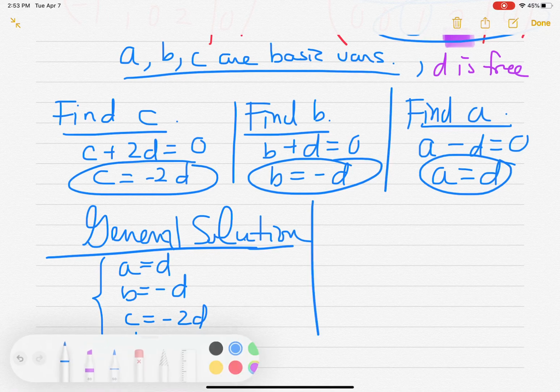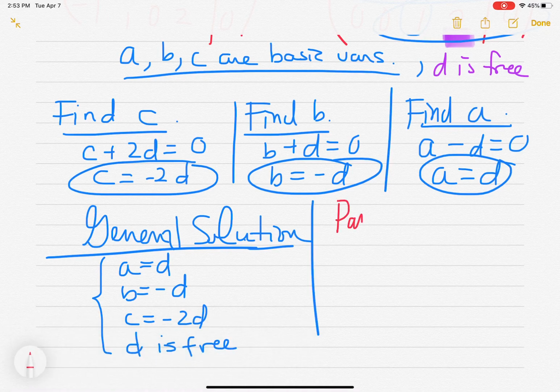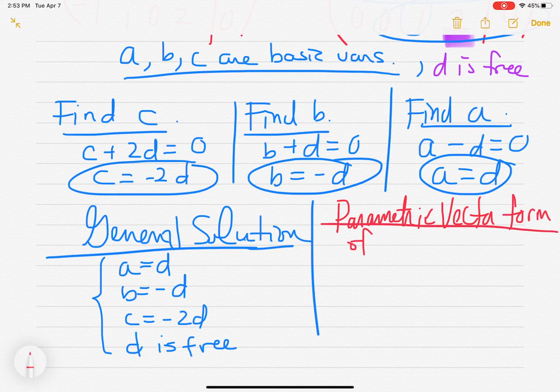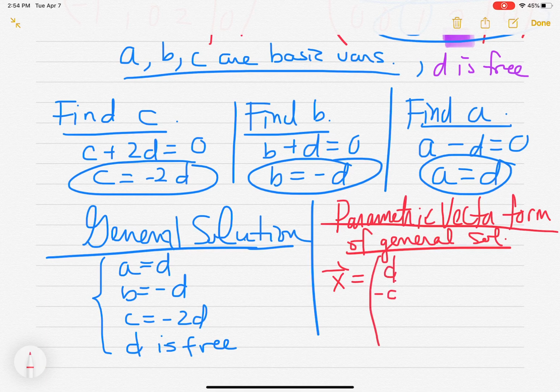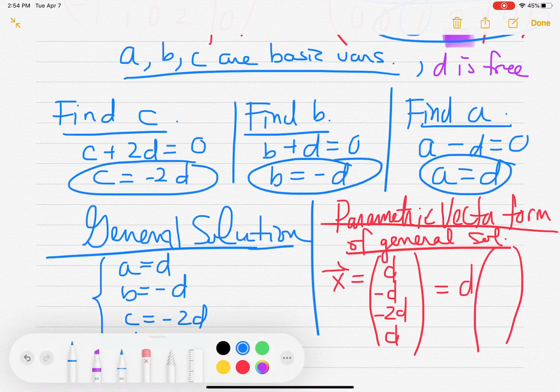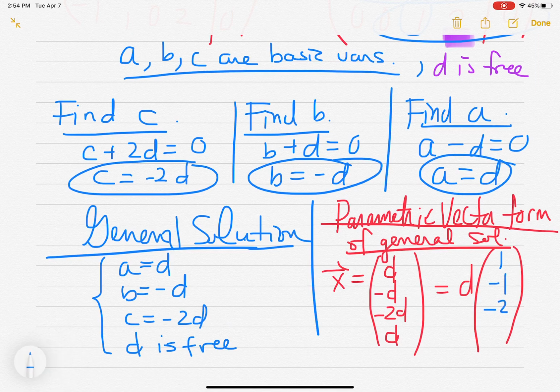Now I put this in parametric vector form, the parametric vector form of the general solution. Call it X. In the first place, I would put a D. In the second place, a minus D. Third place, a minus 2D. In the fourth place, just a D. That's free, and we're going to factor out a D. And when we're factoring out a D, the coefficients are 1, negative 1, negative 2, 1.